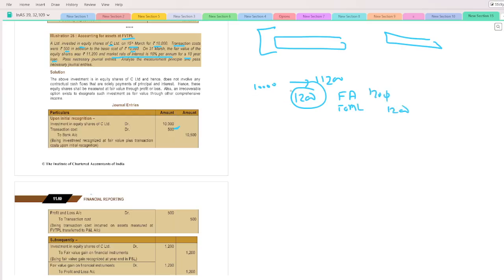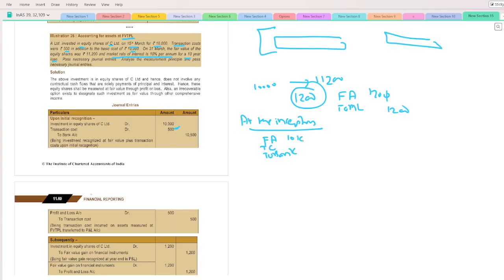Okay, and for the transaction cost, what will the entry be at the inception? I was just going a little bit fast, so I'm reducing the speed. At the inception, what you will be doing? Financial asset to bank. And the transaction cost also, I'm just adding it, following the same thing.